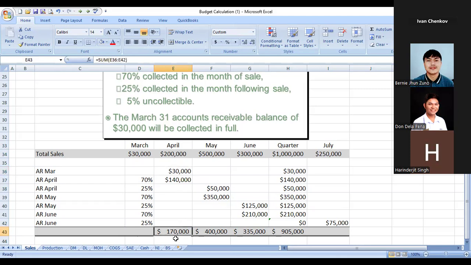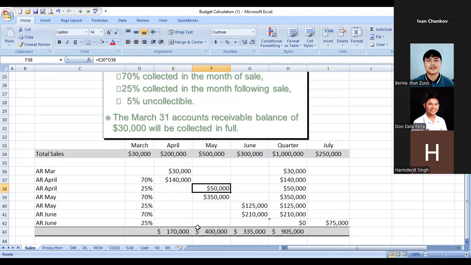Now you can see how interesting it is. We're selling $200,000, but we're not collecting $200,000. We're only collecting $170,000. Why? Because there's leftover from the previous month, 30,000, and this month we're collecting only 70% of everything that we're selling.